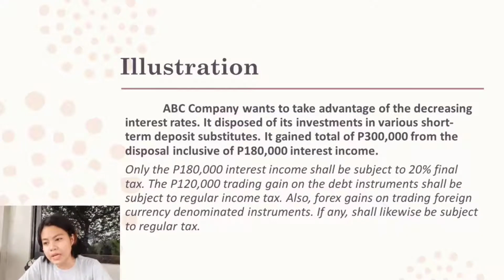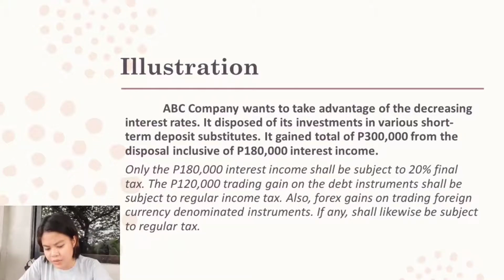Illustration. ABC company wants to take advantage of the decreasing interest rates. It disposed of its investment in various short-term deposit substitutes. It gained a total of 300,000 from the disposal, inclusive of 180,000 interest income.